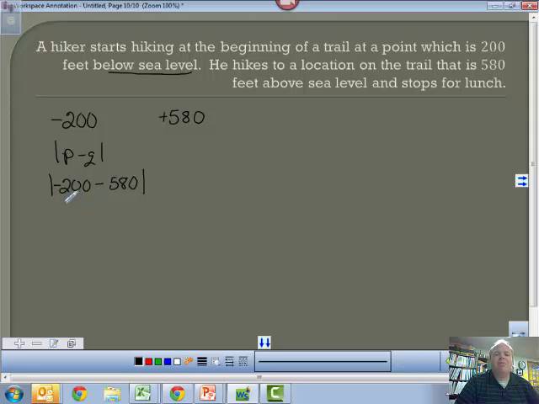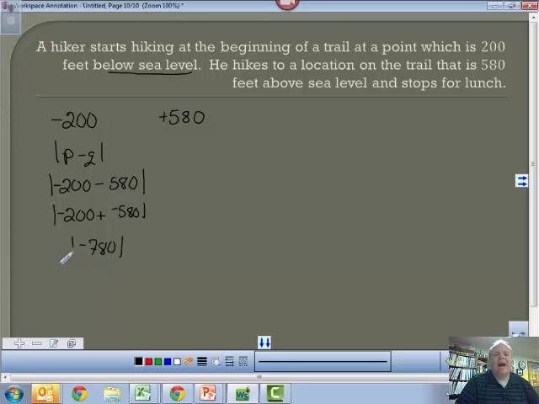I do that by keep it, change it, or simply, anytime I see subtraction, add the opposite is what it means. So -200 plus the opposite of 580 is -580. And I'm going to bring my absolute value symbols down. Do not forget them. Now I have -200 plus -580. Well, when I add those together, I get -780.